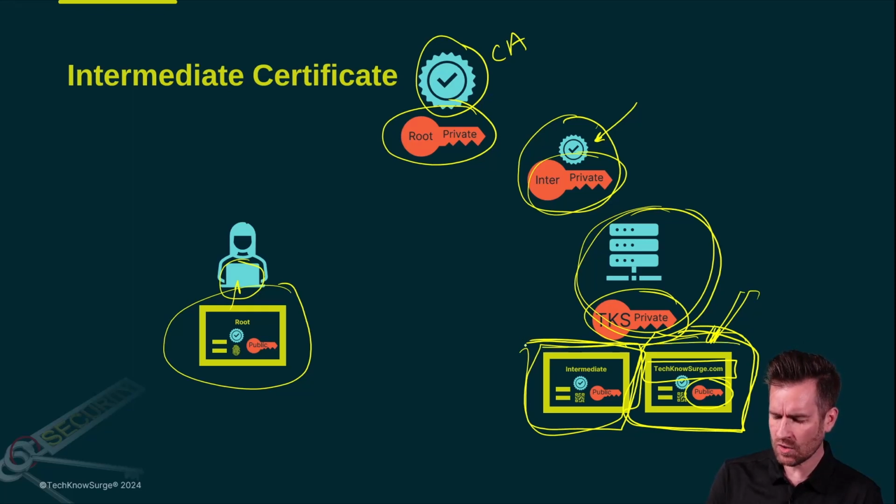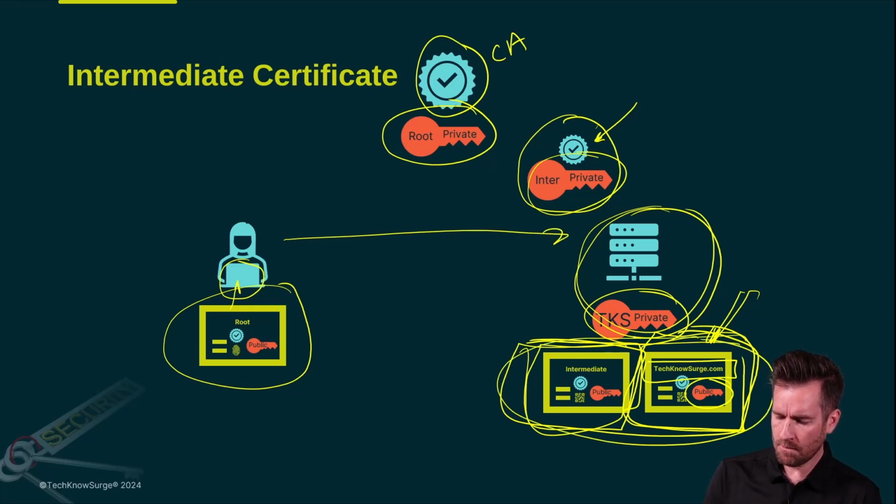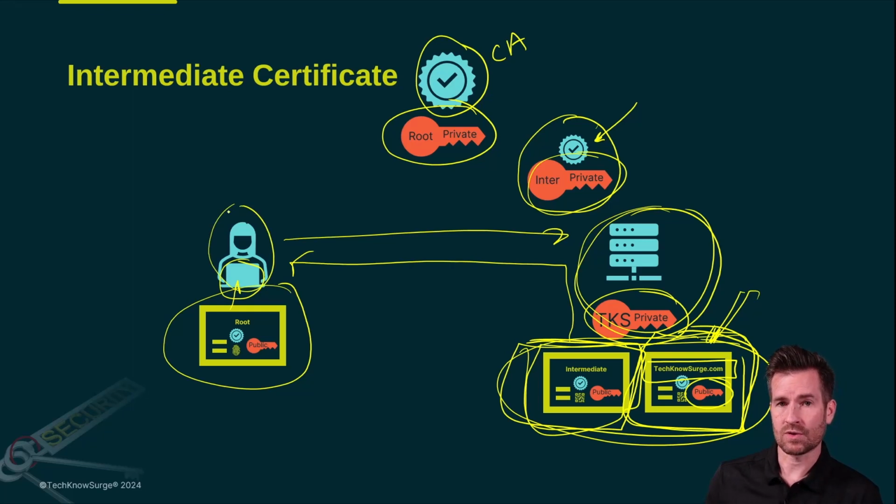So it has two certificates on it. Now what happens is when the user connects to this machine, it will actually download both the intermediate and the TechKnowSurge certificate. Now that user has both of those certificates, plus the root certificate.